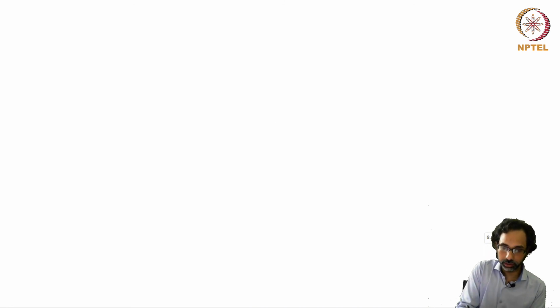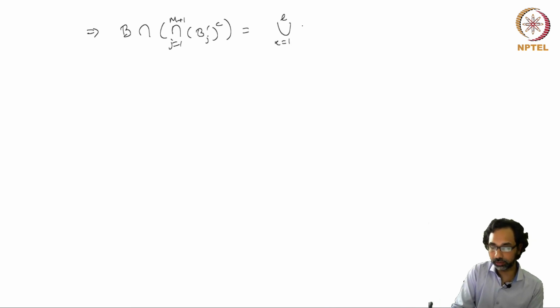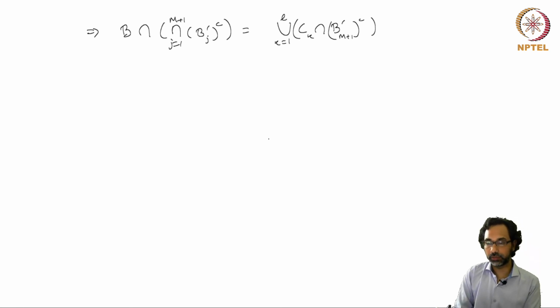inside the union. This implies that B intersection of j equal to 1 to m plus 1 Bj prime complement is equal to union k equal to 1 to L, Ck intersection B prime m plus 1 complement. So we have just distributed the intersection inside the union, and now this is a box and this is a box.